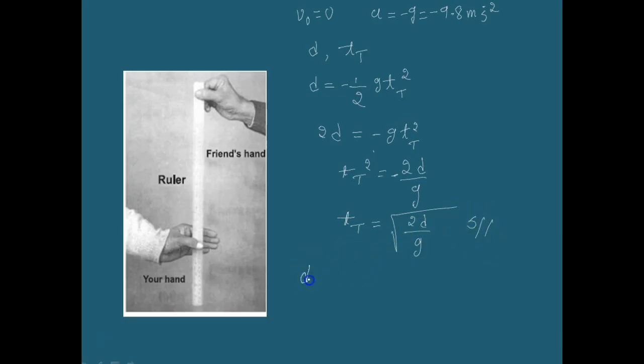So if in the question for a particular case, we know the reaction time is given as 21.0 centimeter and g is 9.8 meter per second square. So the reaction time is given by, d is 21.